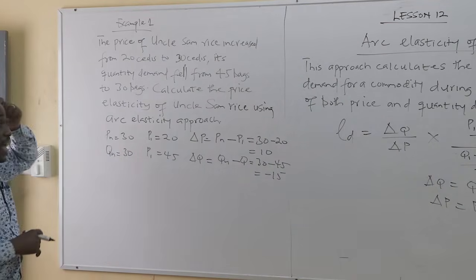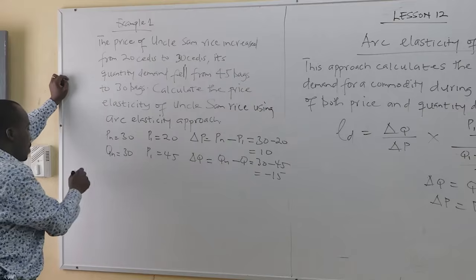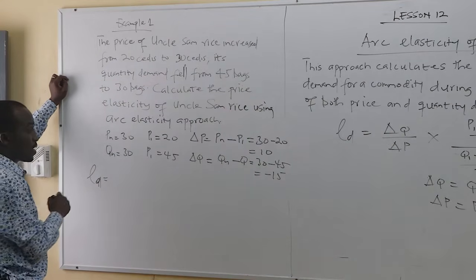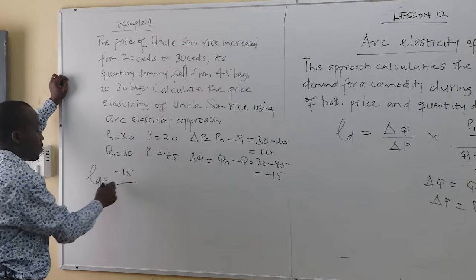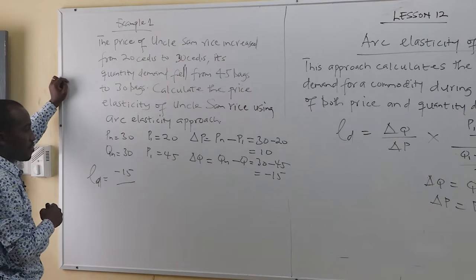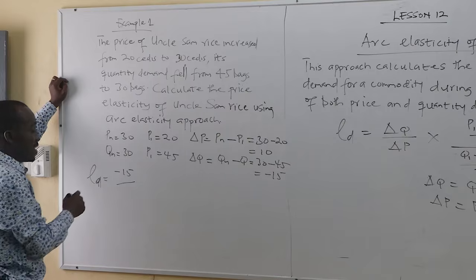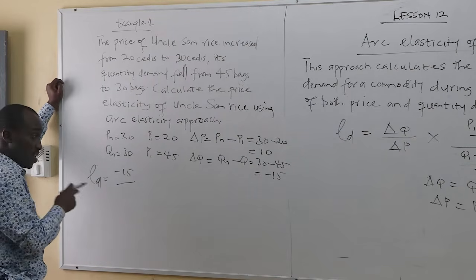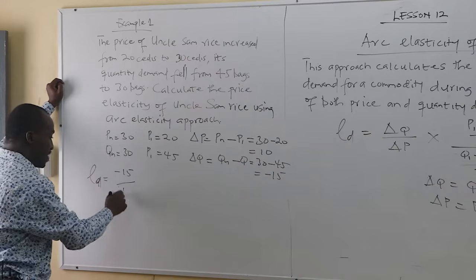So let's put that into the formula. The change in quantity is negative 15. The change in price is 10.